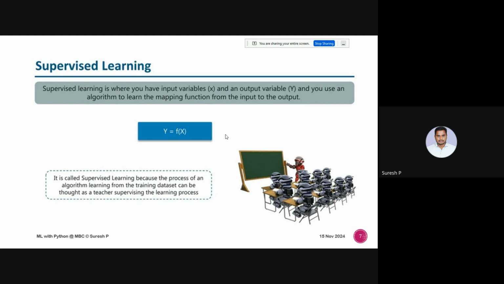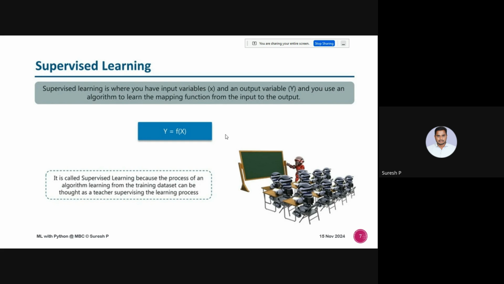That has to be identified. That is called the mapping function. Maybe 5 has to be multiplied by 4, or 5 can be used to divide, for example, 100. It may be anything. The mapping function can be anything. The mapping function will be learned by the algorithm, and it will perform the operations whenever new data is coming. So that is called the mapping function.